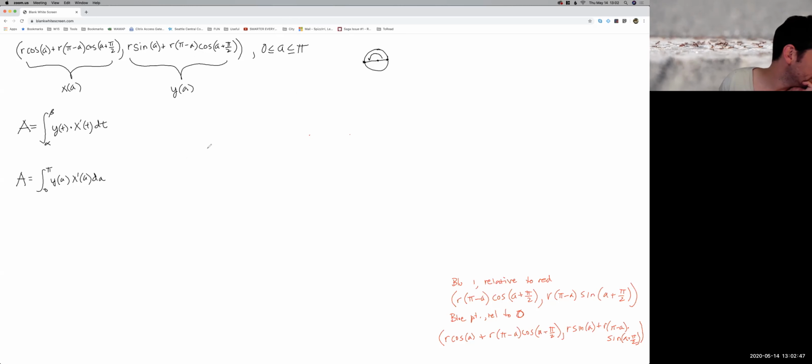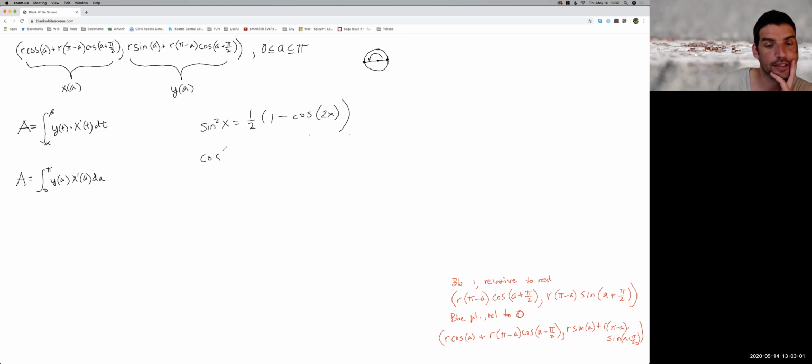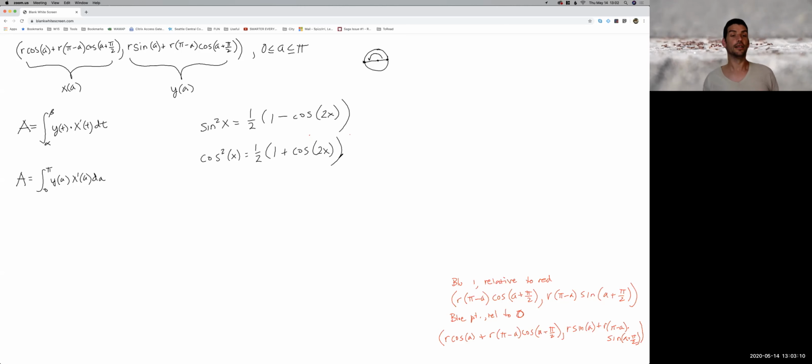You'll probably need to use this identity and this identity to take those integrals, okay?